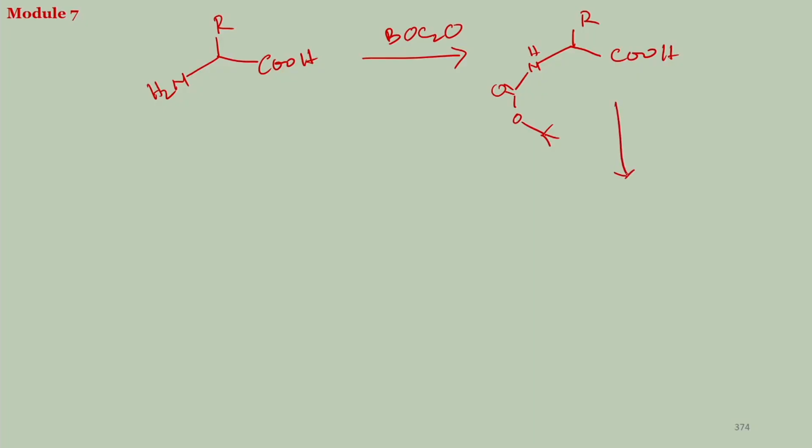You can deprotect Boc. Usually we use a very mild condition for this. You can use TFA. TFA is trifluoroacetic acid. The structure is CH3COOH, with CF3. CH3 is acetic acid, CF3 is trifluoroacetic acid.